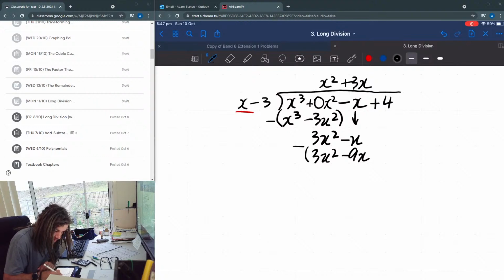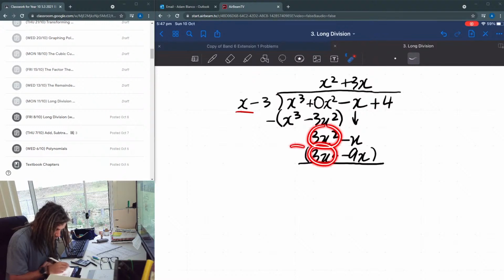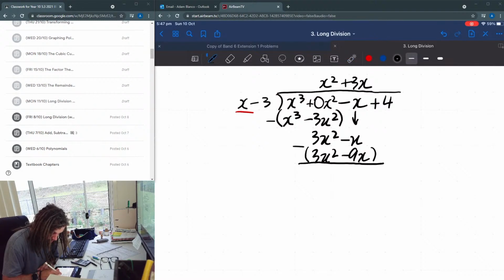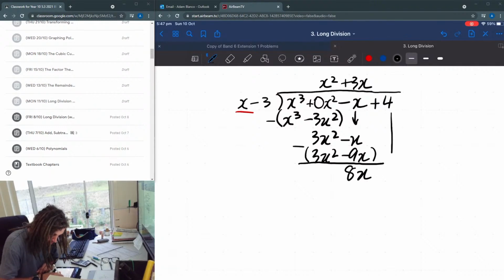I do my subtraction, and I write my subtraction line. 3x squared minus 3x squared is nothing. Minus x minus minus 9x, or minus x plus 9x, that's 8x. And then I bring my next term down.